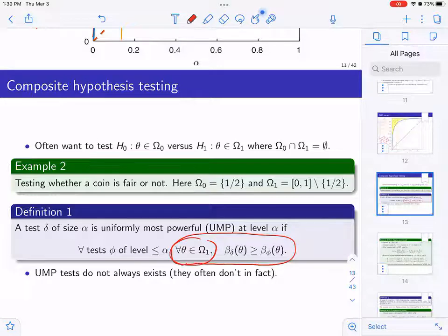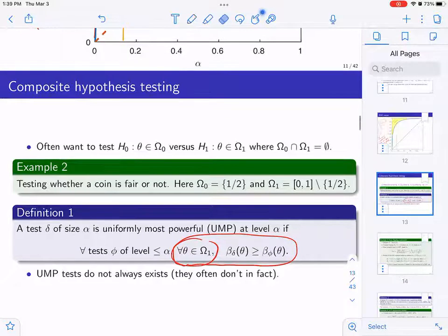A uniformly most powerful, or UMP, test of level alpha has to have level alpha or size alpha, but I also have to have pointwise domination of the power function over the alternative parameter space. And you can imagine this is similar to the idea of uniform minimum variance or something like that. You want the power to uniformly dominate.